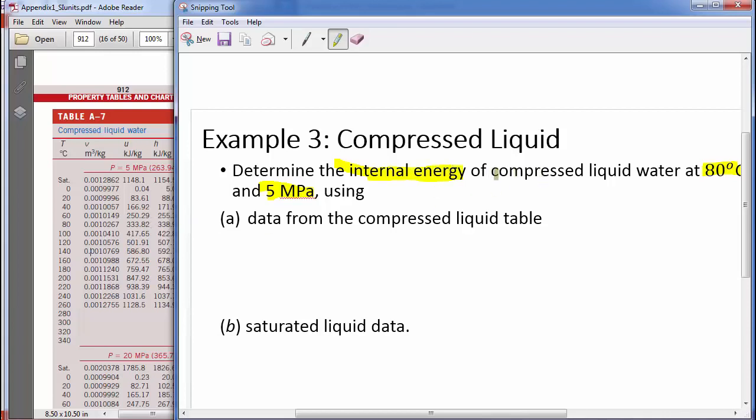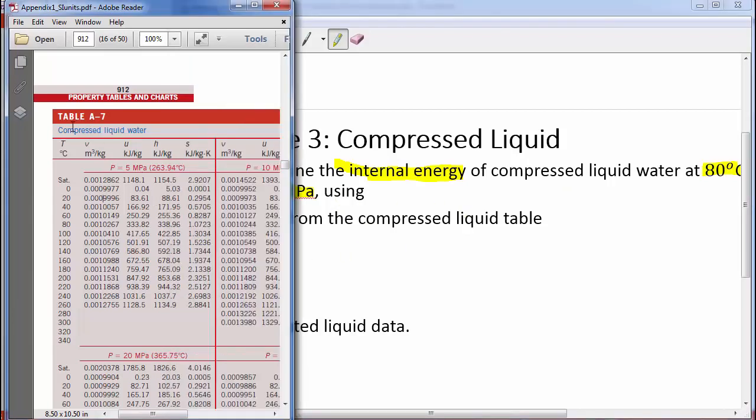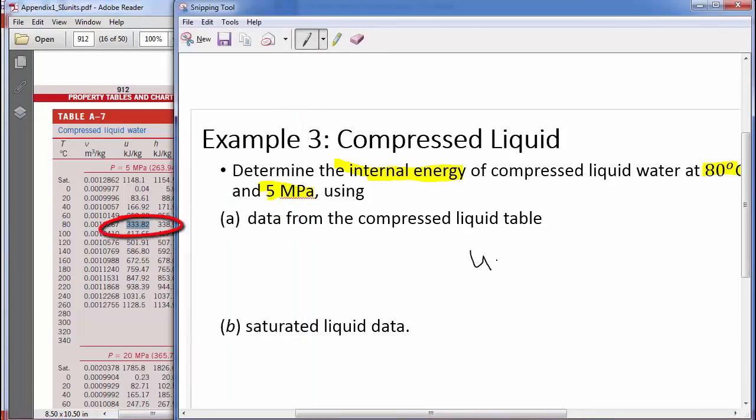Because the state is given as compressed liquid, you can directly go to table A7 for compressed liquid water, looking at this pressure and this temperature. So you can directly get your internal energy equal to 333.82. Let's write it down.